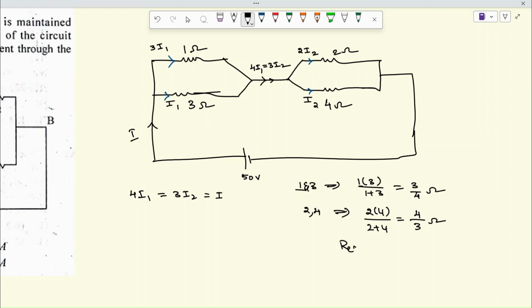Now the effective resistance totally will be 3 by 4 and 4 by 3 are in series. So 3 by 4 plus 4 by 3, which is 9 plus 16 by 12, right? Which is 25 by 12 ohms.